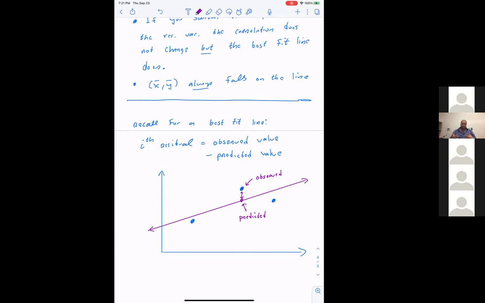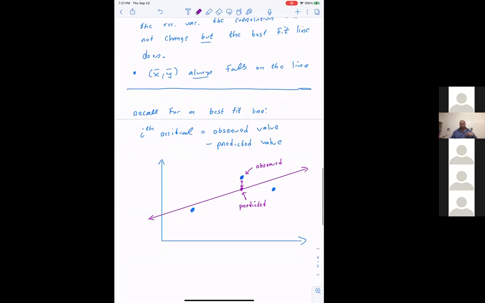So now that we have a method for finding the predicted line, I can define my residual to be the observed value minus the predicted value. So if a point is above the line, what can you tell me about its residual? It should be positive, right?